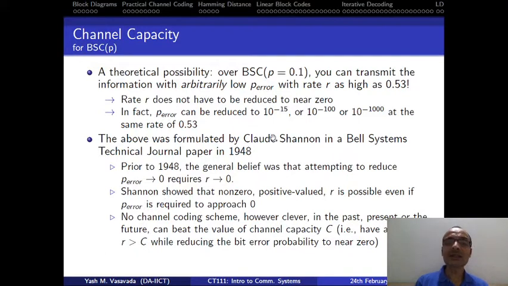At the time when this theorem was published, which was in 1948, the general belief was that if you want to make the probability of error approach zero, then you will have to make R, the rate, also approach zero, because in those days repetition coding was the only technique being considered. But this channel capacity theorem showed that repetition coding is actually pretty inefficient. You can come up with some smart coding techniques.